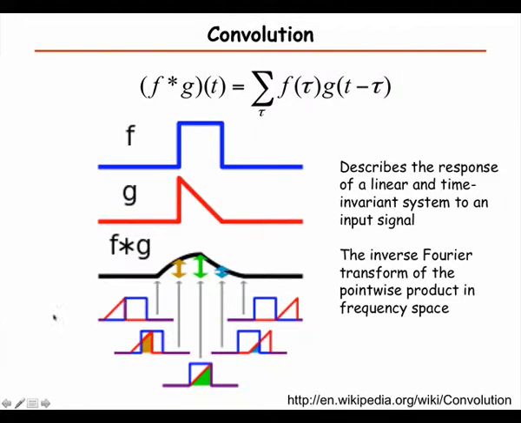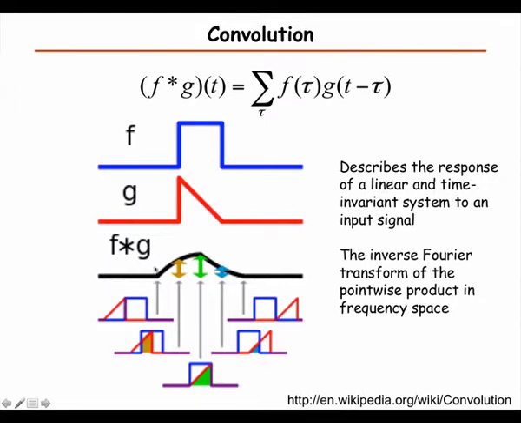When we move g in time, before there is any overlap, it's 0. That's out here. Then they start meeting at this point. When we move a little bit further, we get an overlap like this, at this point here, and then we continue, and finally it's over and 0.